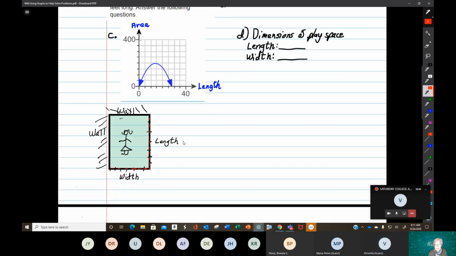All right, now length is going to be x. We have to figure out again what the width is in terms of x, or it'll make no sense. So we know that 28 is going to equal 1L plus 1W in this case, because we're not enclosing this part.